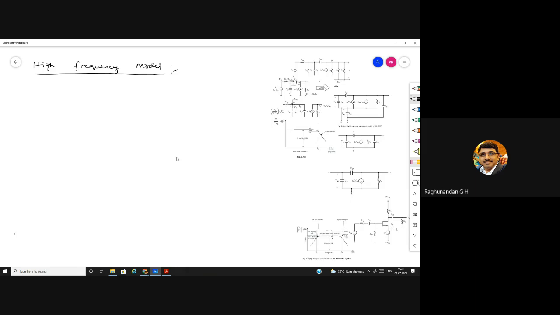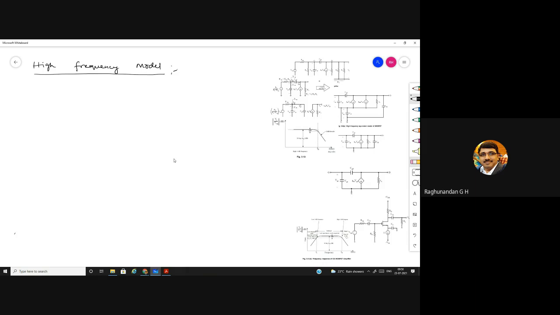But when it comes to high frequency model, the capacitive reactance will not be infinite, because C and F are inversely proportional to each other.